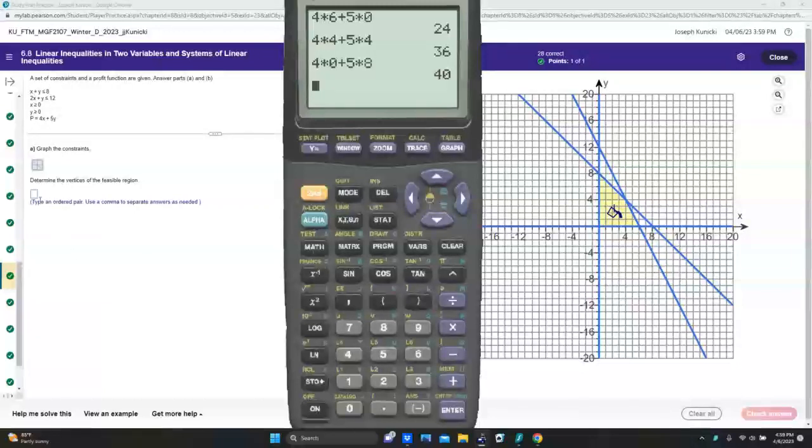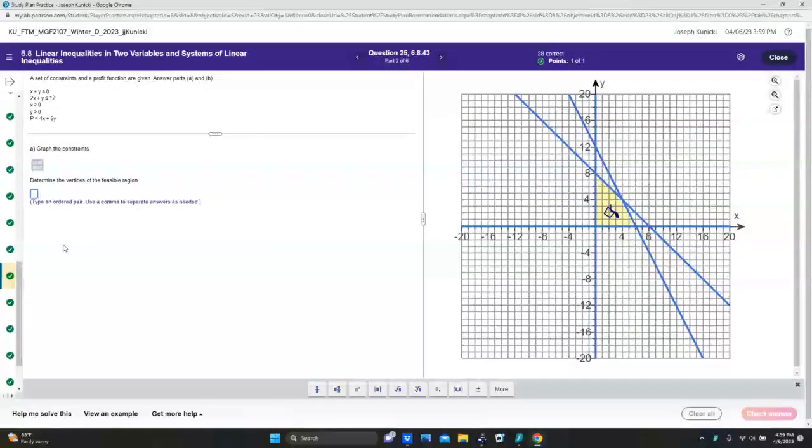Okay, so type an ordered pair, the vertices for the feasible region. Okay, so we'll start at the origin, 0, 0. Now, it says use a comma to separate the answer. So I need a comma between the parentheses. And so the second point was 6, 0, comma.